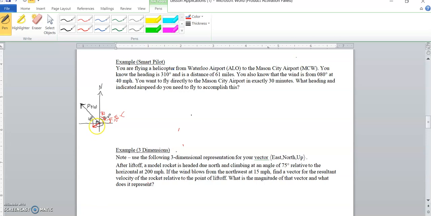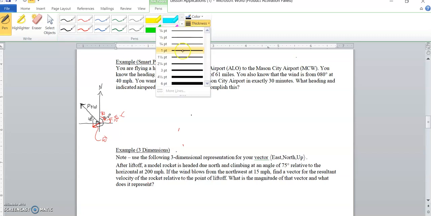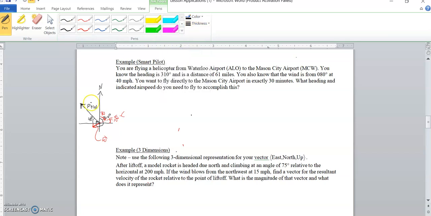So I'm going to draw a really short vector, and we're going to call that W. Sorry, I did forget to put the little arrowhead things on top. But anyways, we have the two pieces of information that are given, now put onto the map.